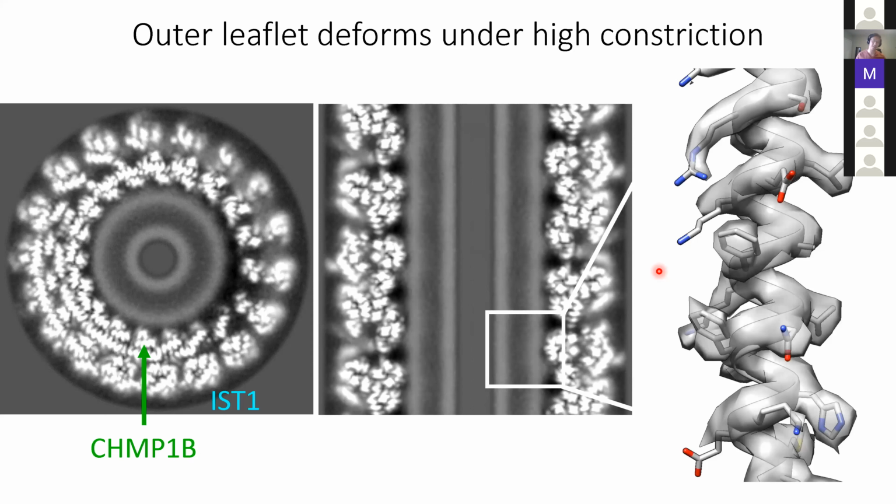I didn't get a chance to talk about that, but if you see our paper, we have some ideas about that. Basically, yes, there are some steric hindrances preventing even tighter constriction. And it's probably worth pointing out that the radius, the size of the lumen, is very similar in our empty structure as it is in this structure.